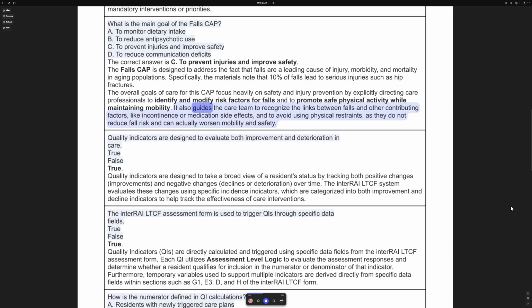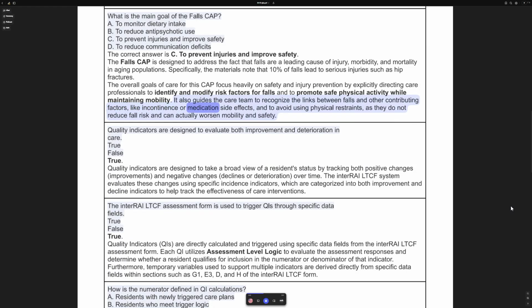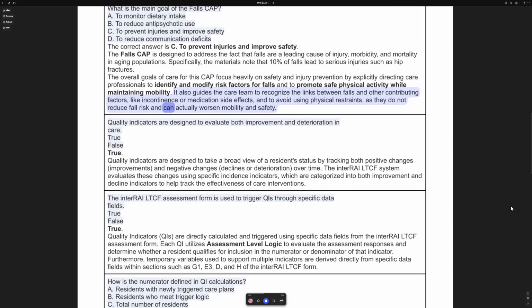It also guides the care team to recognize the links between falls and other contributing factors, like incontinence or medication side effects, and to avoid using physical restraints, as they do not reduce fall risk and can actually worsen mobility and safety.